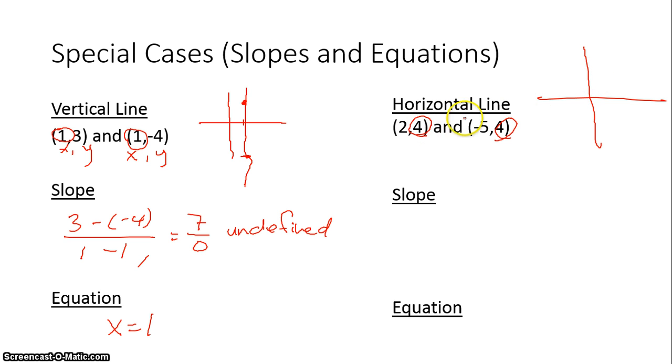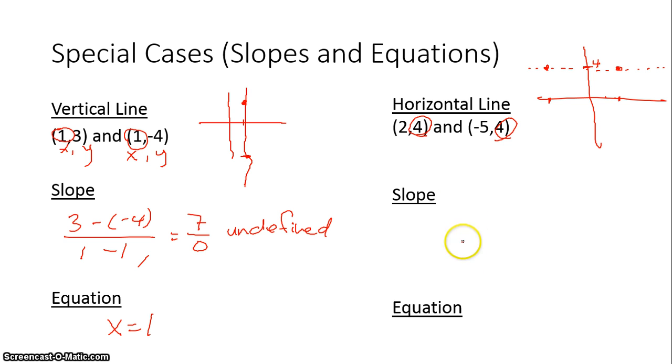So, my first one, I'm at an x value of 2 and a y value of 4, we'll say right there. And then my second one, I'm at an x value of negative 5, but my y value is still 4. And so we could see that if we connect these, anything along there, isn't my y value always going to equal 4? Good.